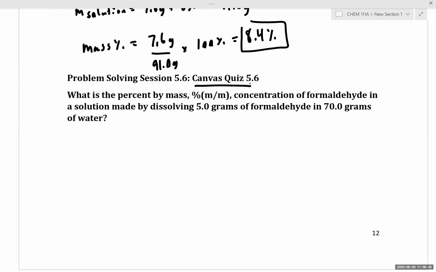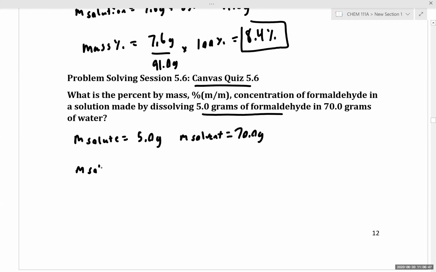Okay, so let's now discuss this example. So first and foremost, reading through this problem, the mass of our solute, in this case formaldehyde, is 5.0 grams. The mass of our solvent, in this case, is 70.0 grams. Ergo, the mass of our solution is 5.0 grams plus 70.0 grams, which gives us 75.0 grams.